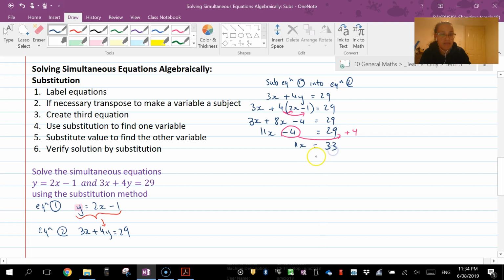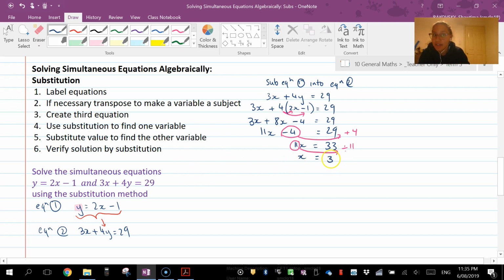Oh, isn't that amazing? Don't you love it when things work out really nicely? This is going to be divided by 11 because it's been multiplied over here. Divide by 11, and that gives us x equals 3. So I now know that x is 3.